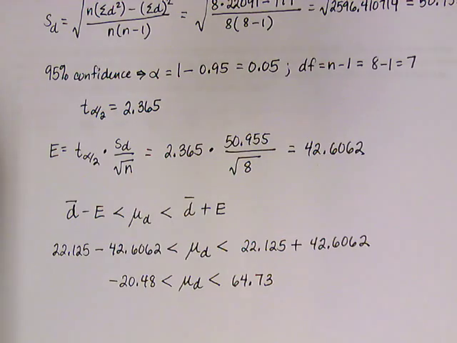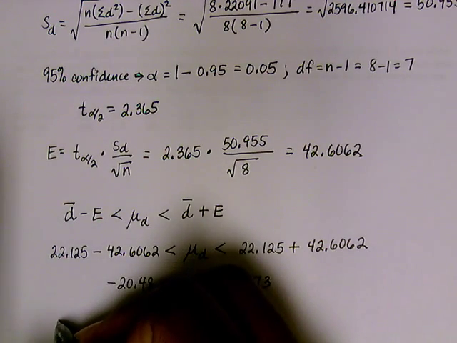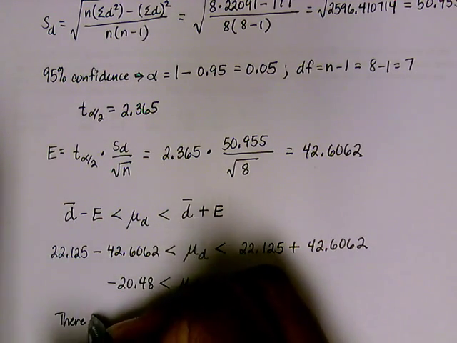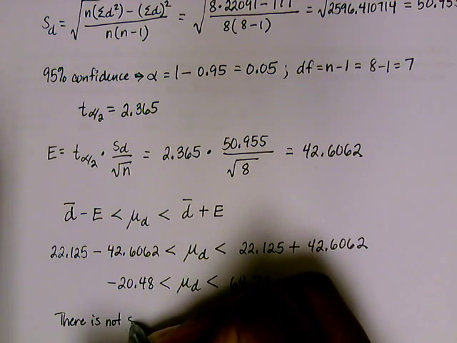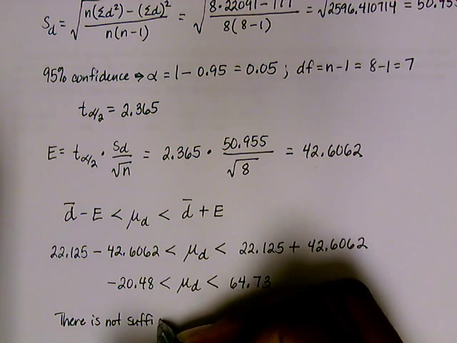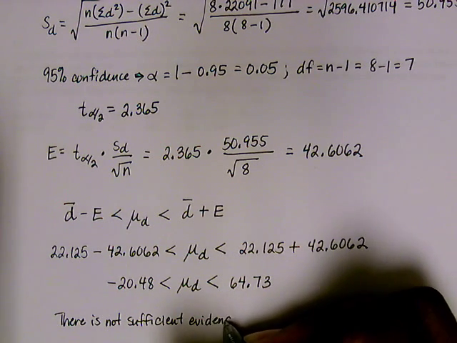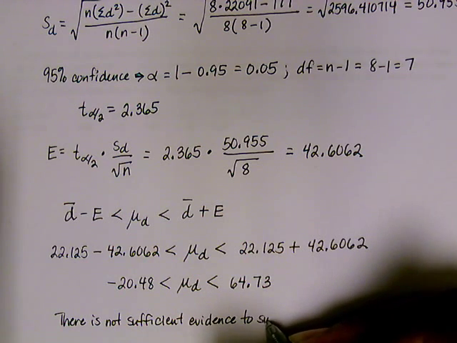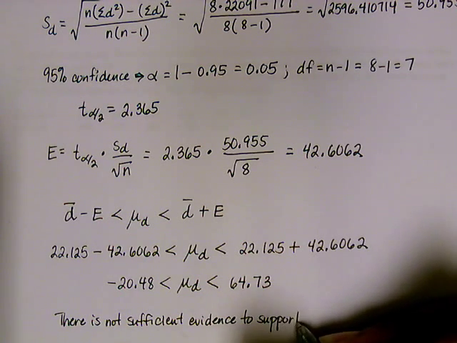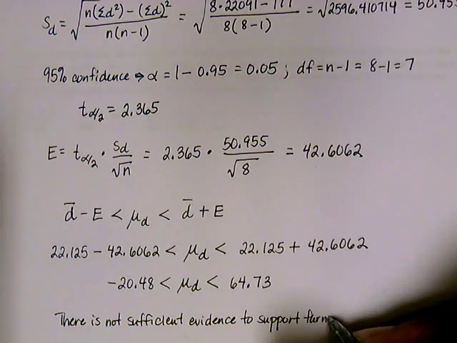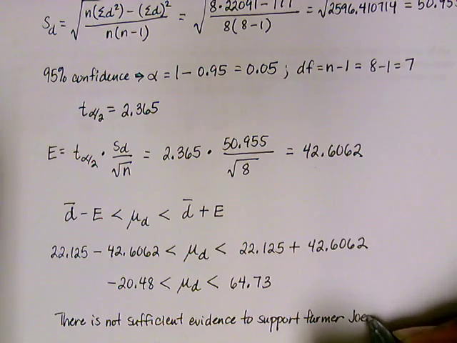Now, based on that confidence interval, I see that my lower limit is negative and the upper limit is positive. So that means that the confidence interval does include 0. So we can say here that there is not sufficient evidence to support Farmer Joe's claim.